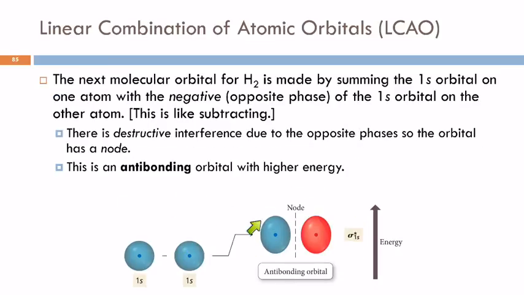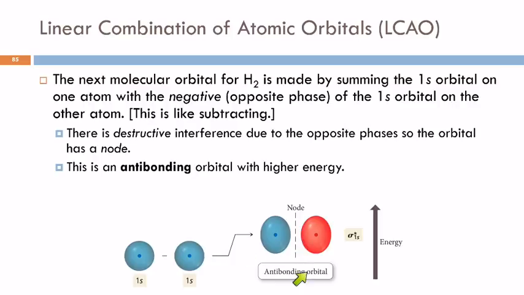And we end up with this, where now there is a node between the atoms. This is called an antibonding orbital, because it's not just non-bonding, it's actually against bonding. Bonding causes the two atoms to be brought together, and this causes the two atoms to be pushed apart.